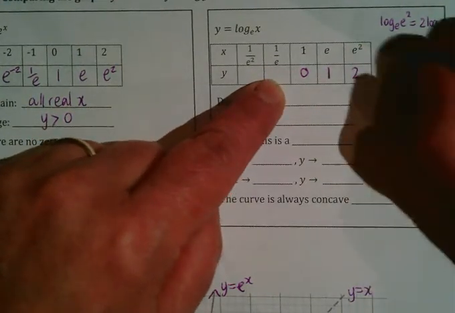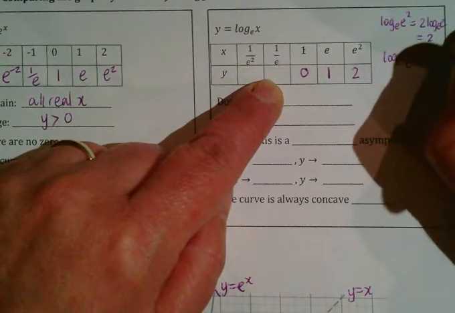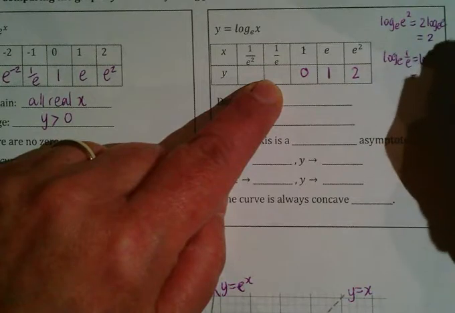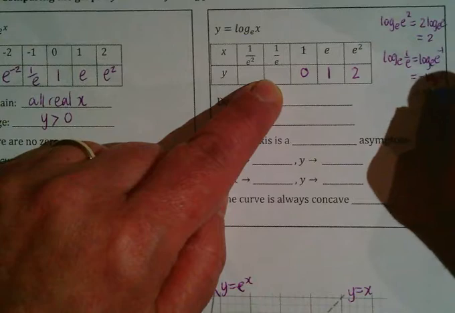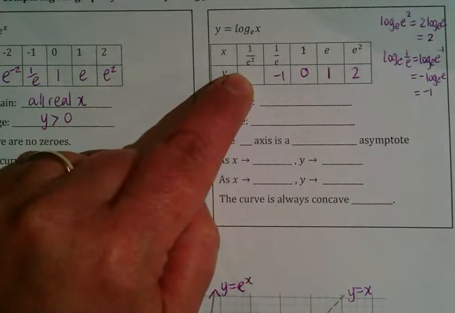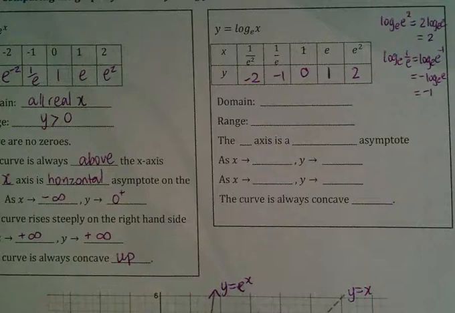This one here, log to the base e of 1 on e, is the same as log to the base e of e to the power of -1, because 1 on e is e to the -1. The -1 comes to the front, so it's negative log to the base e of e, which is -1. If you do the same here, you'll get log to the base e of 1 on e squared, or e to the -2. The -2 comes to the front, and you end up with -2 there.